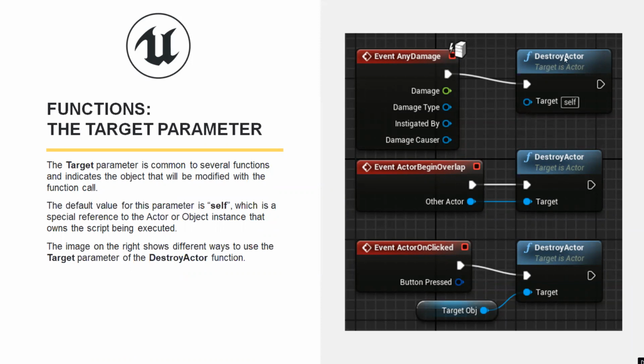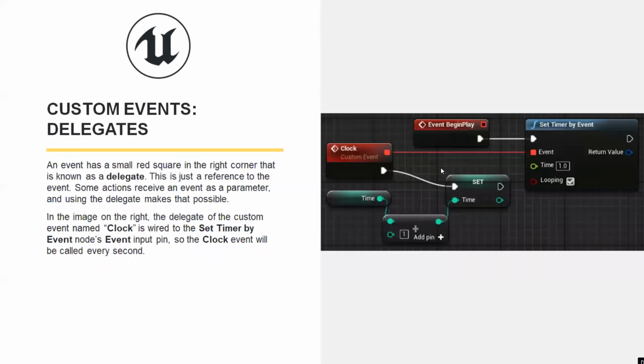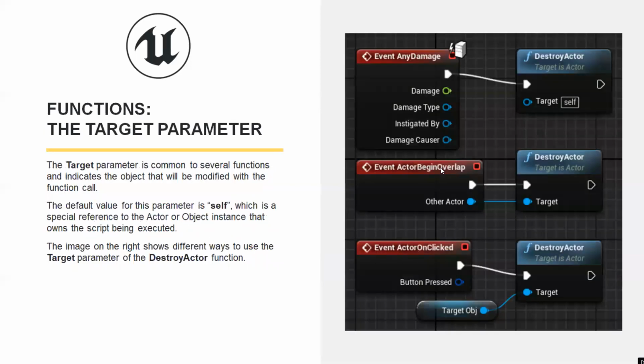So I can pull in this destroy actor node from any blueprint, and based on the target determines who calls this destroy actor. If the target is set to self, that means that the owner of this event graph will get destroyed. So that's what self is.